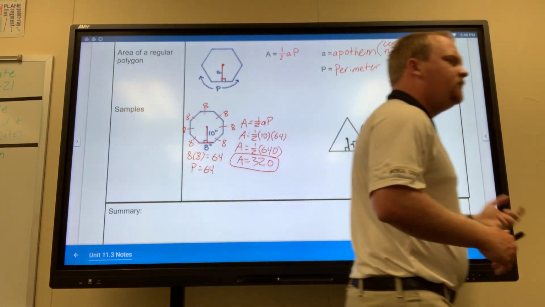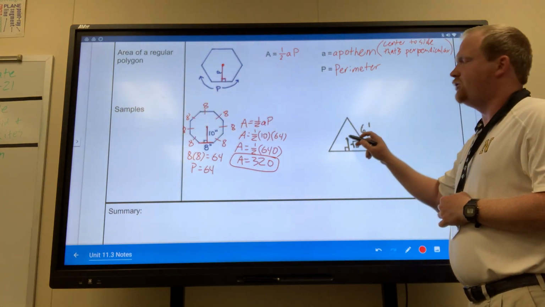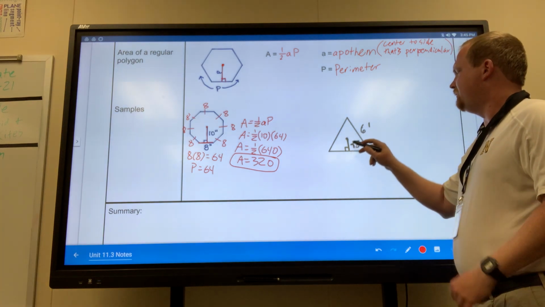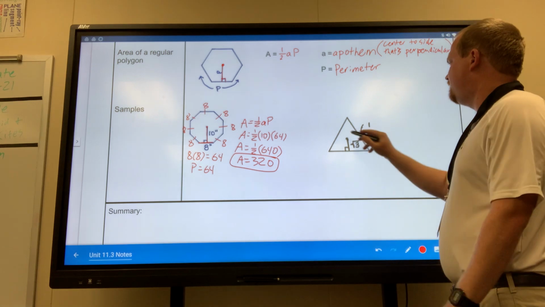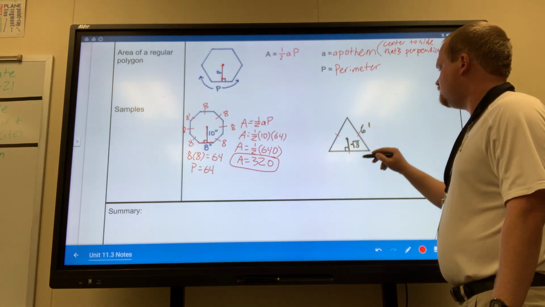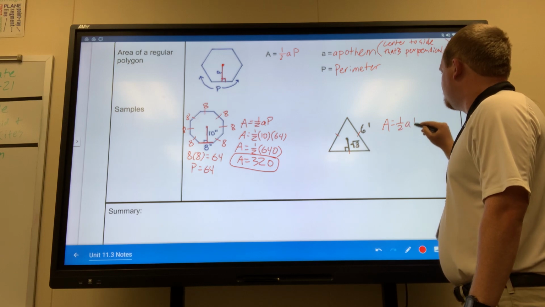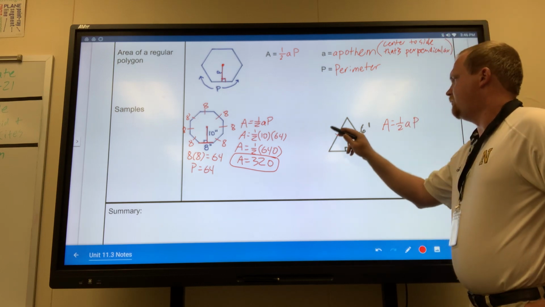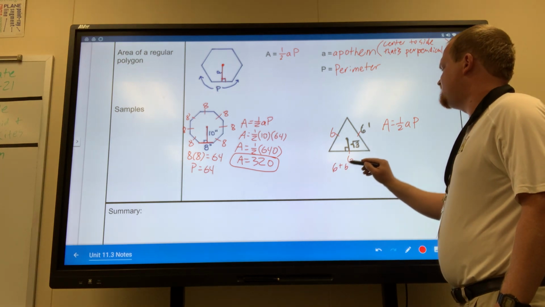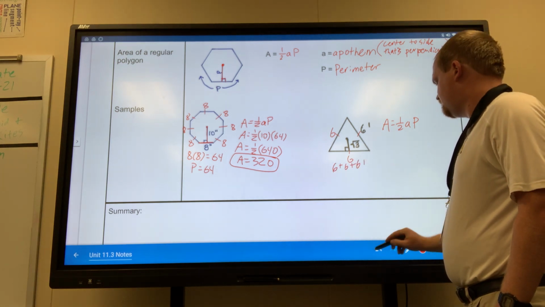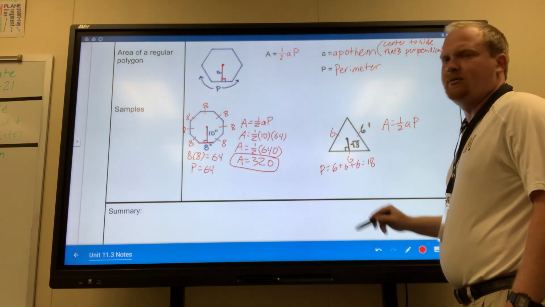Now I can do the same thing for a triangle as long as I know what my apothem is, which has to be the square root of 3. Seems kind of tricky, but then again, we got our apothem. Now, remember, all these are 6s, so if I add 3 sixes together, I get 18, and that's going to be my perimeter.